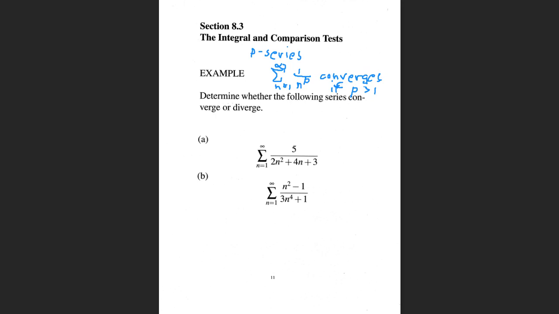So for instance, if you had a series like this, the series 1 over n squared. Okay, that's 1 plus 1/4, that's when n is 2, plus 1/9 plus 1/16 and so forth.